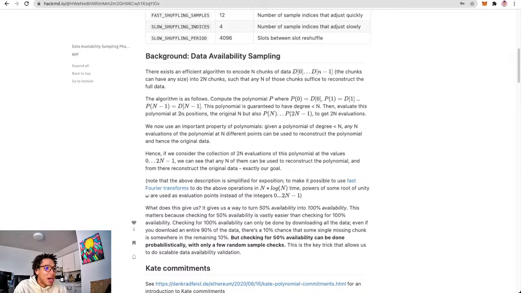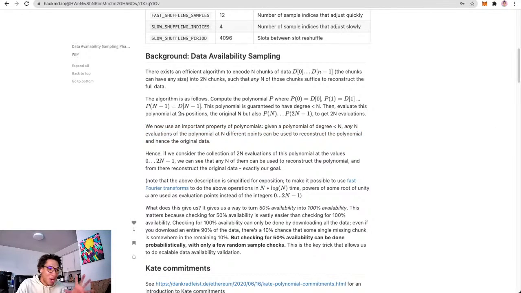Okay, we now use an important property of polynomials. Given a polynomial of degree less than n, any n evaluations of the polynomial at n different points can be used to reconstruct the polynomial and hence the original data. Okay, so that's just something that has been proven. I'm sure there's a proof for that.